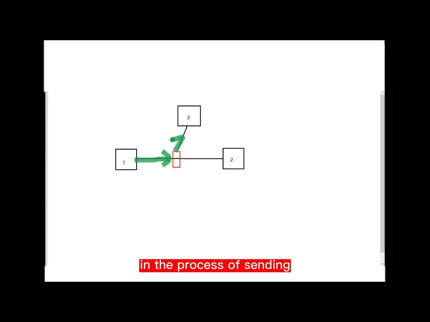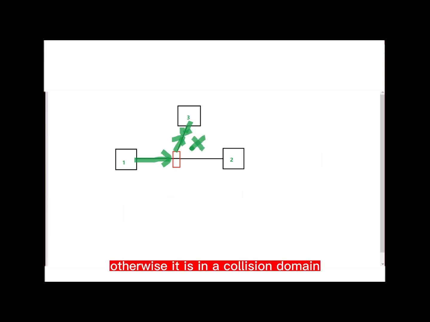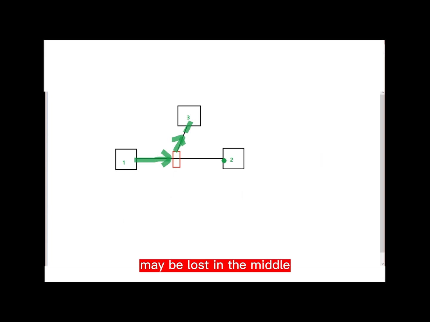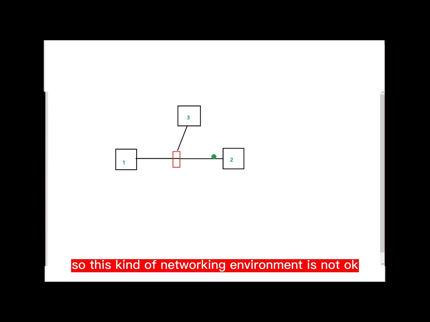In the process of sending, this PC3 cannot send. Otherwise it is in a collision domain, and the data will be incomplete. The data will be changed from the original 0101, and may be lost in the middle. A few digits are lost or become garbled. It's not complete. So this kind of networking environment is not okay.